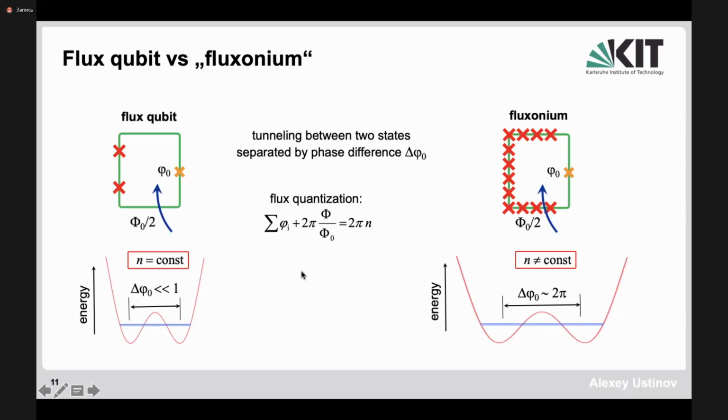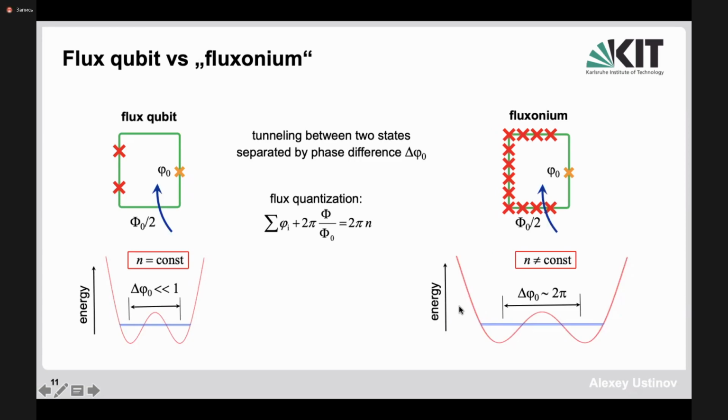Now, for this loop, we can always write the flux quantization condition, which is this one. The sum of all three phases here, plus the complementary phase, which is induced by the external magnetic flux, indicated here by phi, has to be an integer multiple of 2 pi. For the fluxonium, the same flux quantization condition holds. However, while for the flux qubit this n is conserved, for the fluxonium this n is actually varied by 1 if you go from one minimum to another.